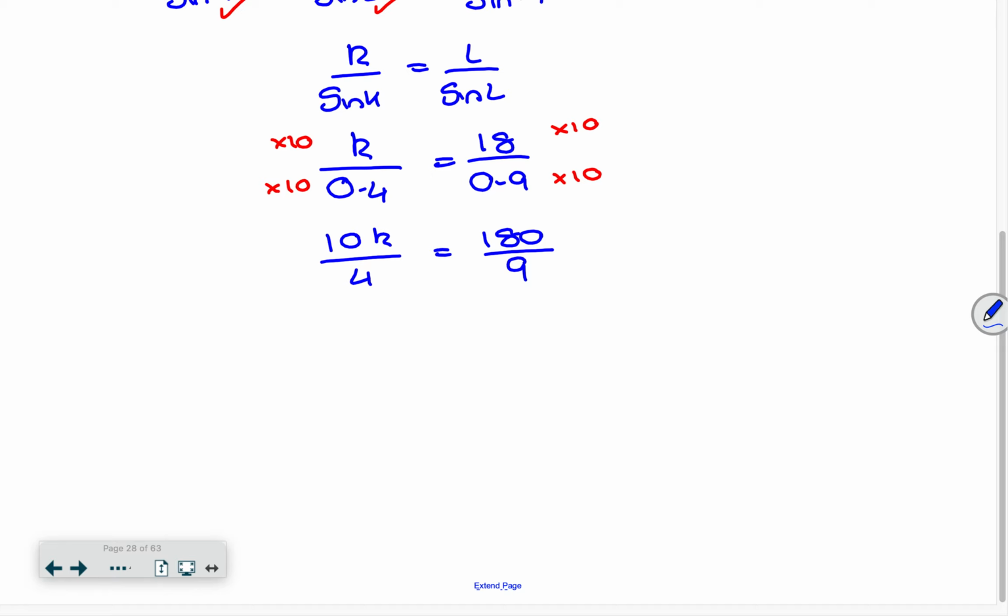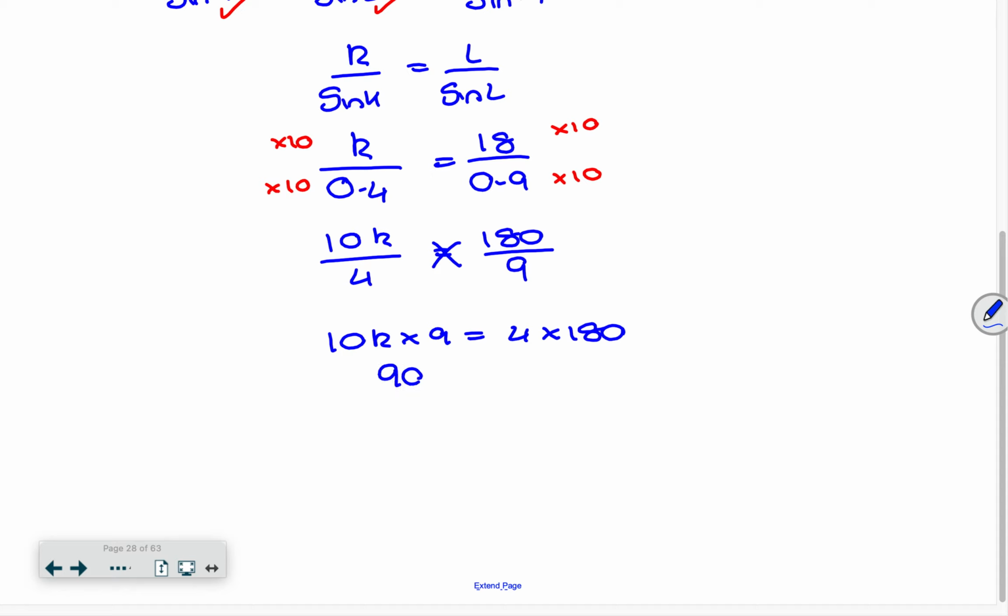And then all we need to do is just process that. So let's go ahead, let's cross multiply. So that's going to be 10k times 9 is equal to 4 times 180.